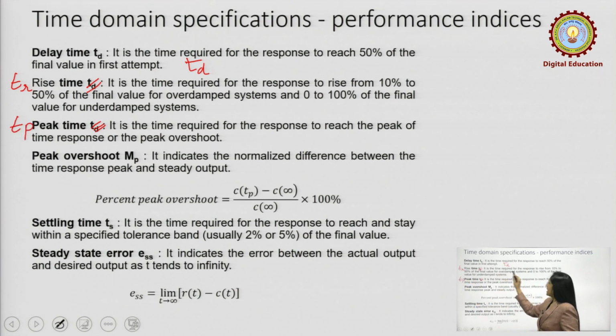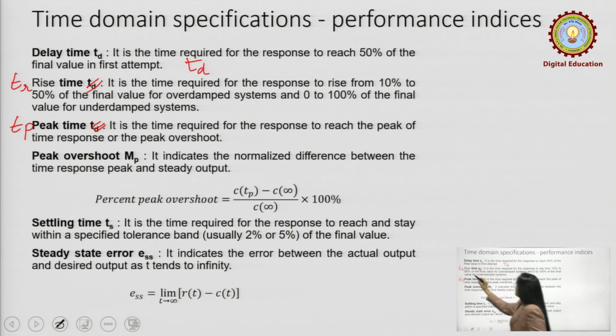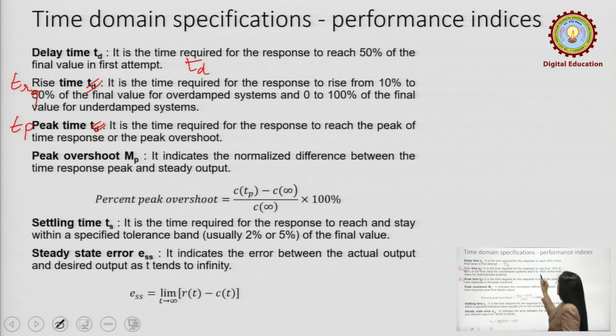Rise time is the time required for the response to rise from 10% to 90% of the final value for overdamped systems, and 0 to 100% of the value for underdamped systems. Underdamped systems are systems whose damping ratio lies between 0 and 1. For that it is 0 to 100%.